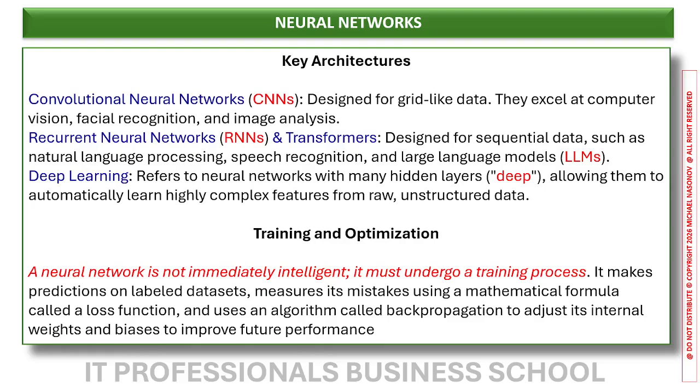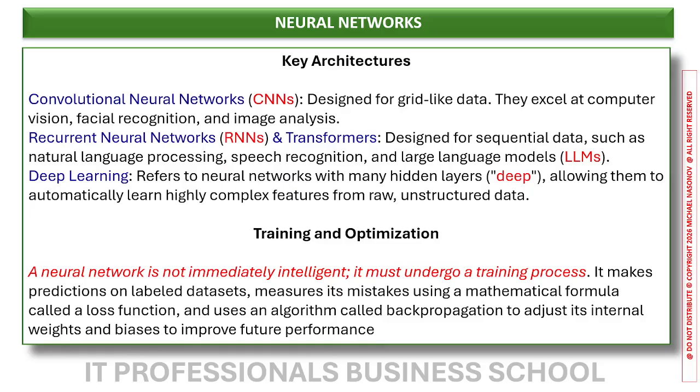Training and optimization. A neural network is not immediately intelligent. It must undergo some kind of specific training process. It makes predictions on labeled datasets, measures its mistakes using a mathematical formula called a loss function, and uses an algorithm called backpropagation to adjust its internal weights and biases.